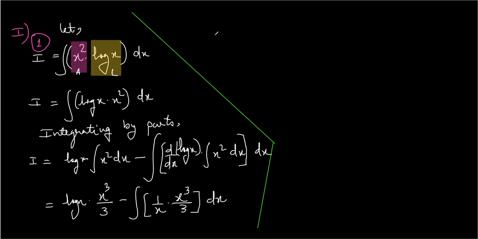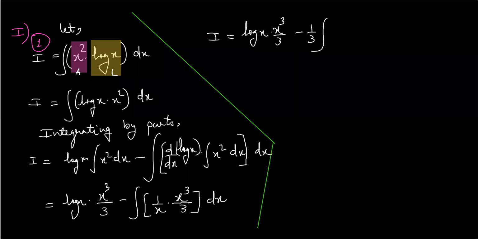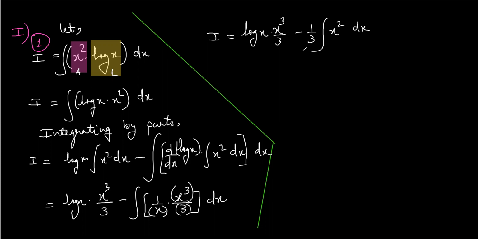Therefore I equals log x into x cube upon 3 minus 1 upon 3, since 1 upon 3 is constant. Here you have 1 upon x and x cube, so x cube by x, one x cancels, you get x square. So you get the integral of x square dx. Next step: I equals log x into x cube upon 3 minus 1 upon 3 times the integral of x square dx.